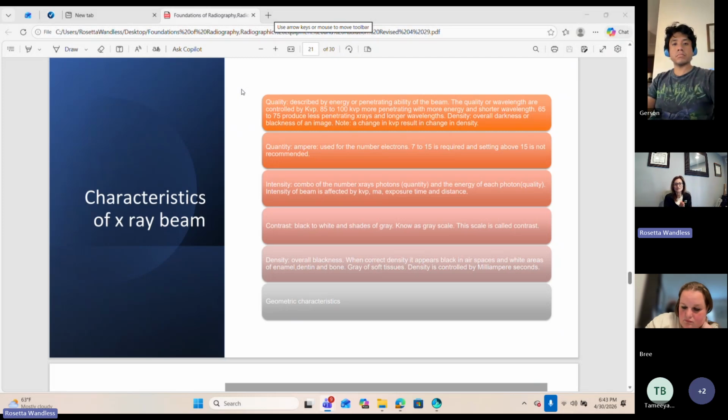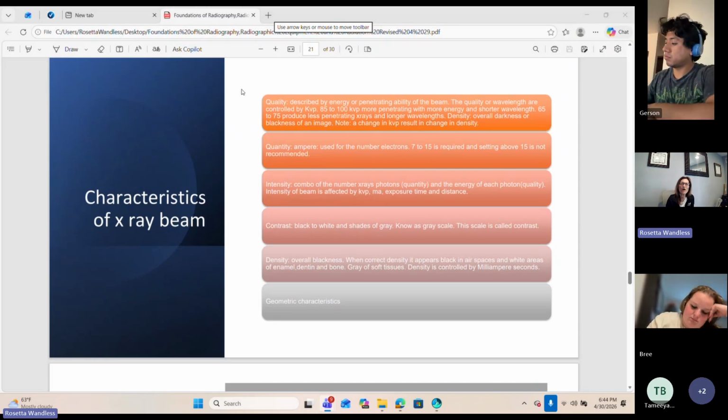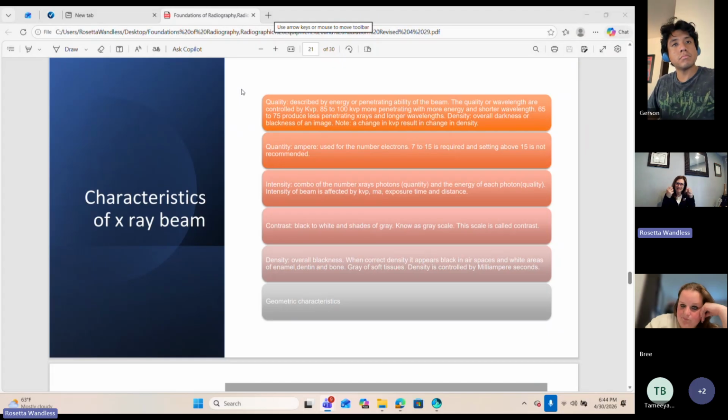These are characteristics of the beam itself, meaning how penetrating it is, how we get a good quality picture. That is what I'm talking about when we're talking about the quality or quantity of picture. That's the characteristic I'm looking for here, of the X-ray beam, not the radiation. I know it kind of gets confusing when you use the same types of wordage, but it's different things.